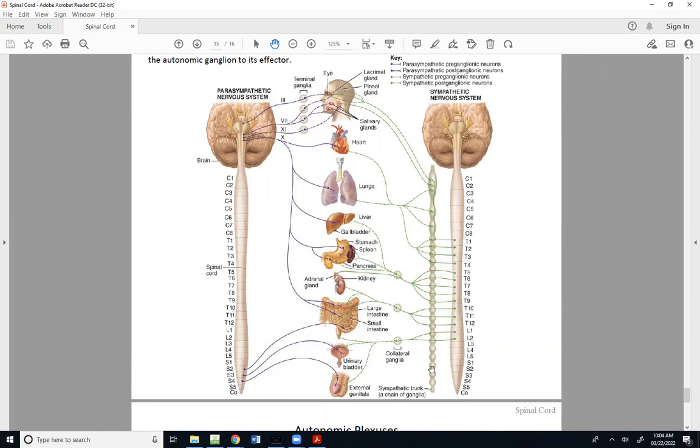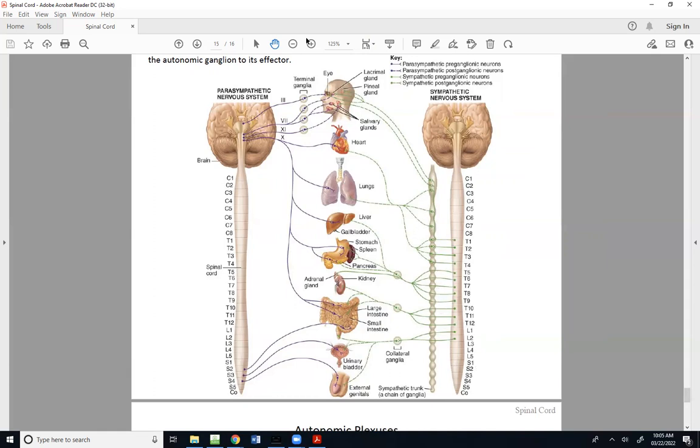And in most cases, the second neuron and the first neuron meet in this trunk or chain, which is on both sides. There's only one shown, but there's two of them. These chains are on both sides of your spinal column. This illustration doesn't show it, but we obviously know that surrounding our spinal cord will be vertebrae, so they've taken the vertebrae away.